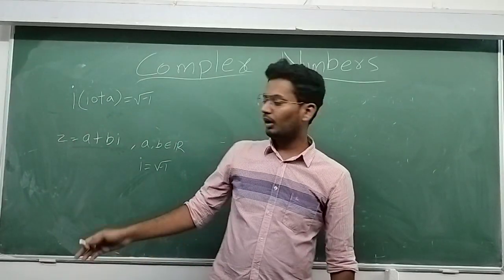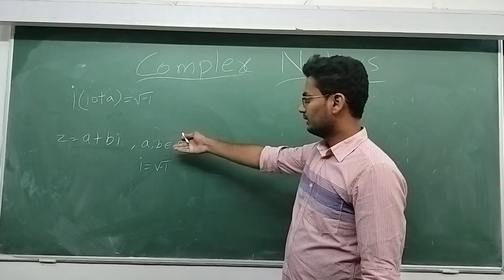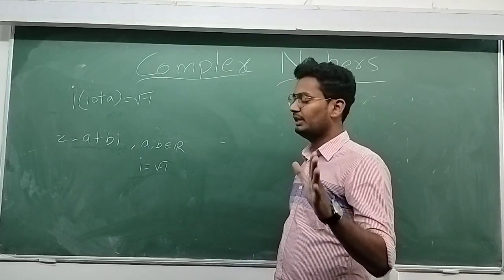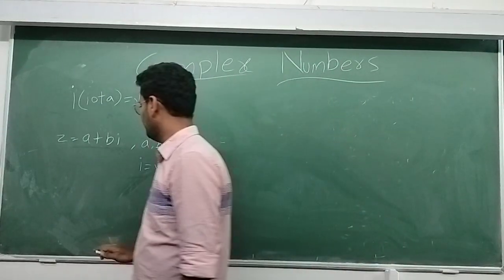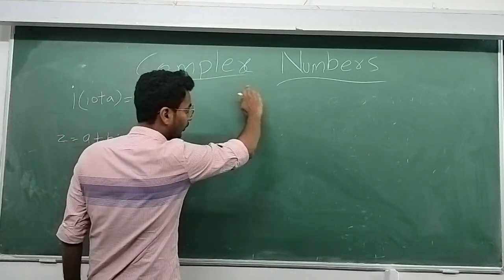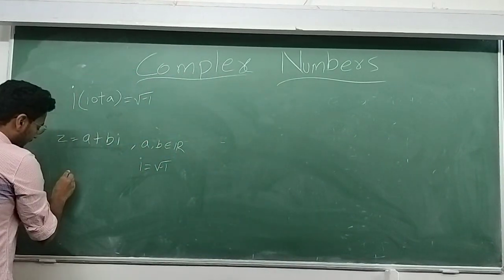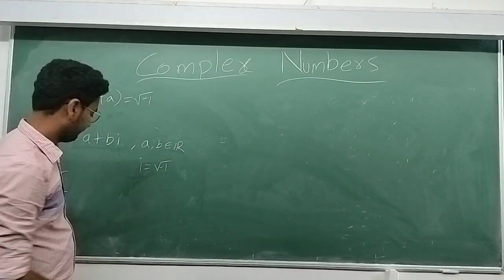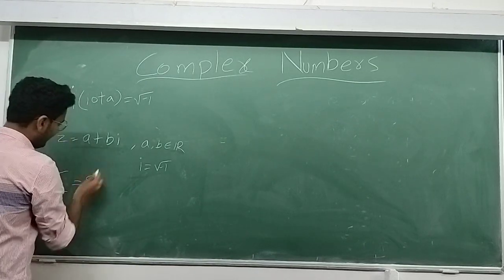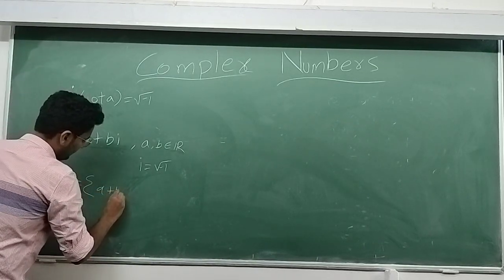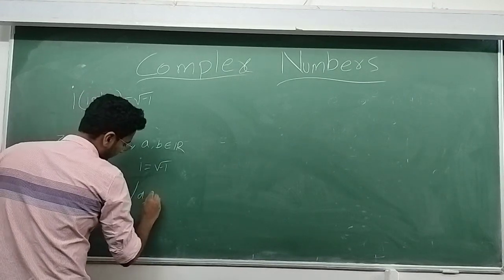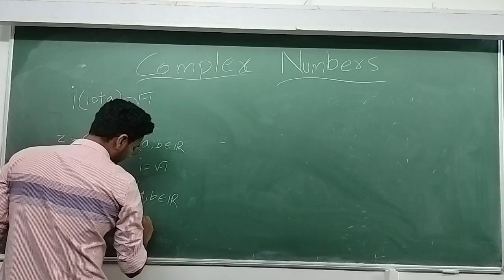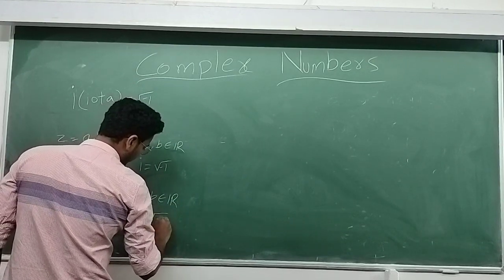The set of all complex numbers is denoted by capital C, just as all the real numbers are denoted by capital R. Therefore, capital C is nothing but the set of a plus ib, where a comma b belongs to real numbers and iota is equal to root of minus 1.